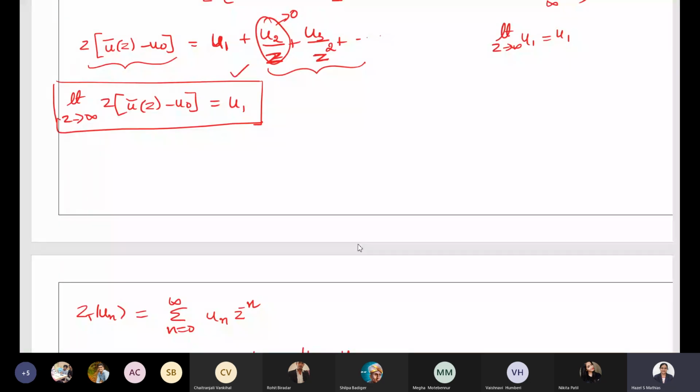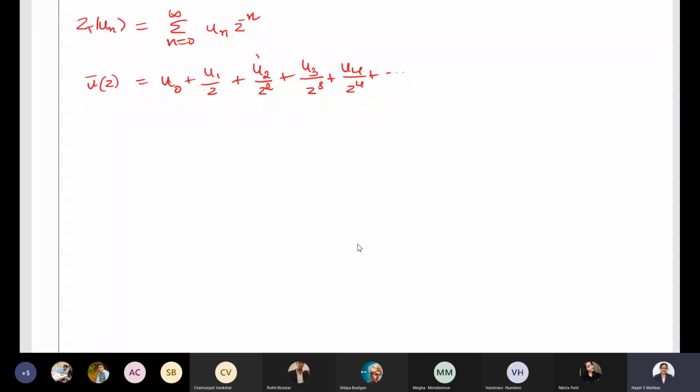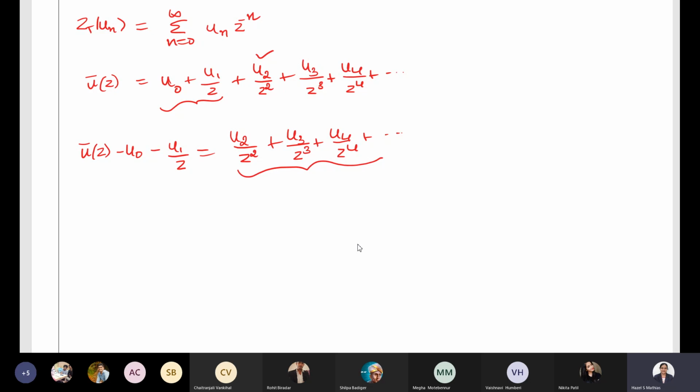Now we want u2. So if you want u2, what we do, take these two terms to the other side. So what do we get? u bar of z minus u naught minus u1 by z, that is equal to u2 by z square plus u3 by z cube plus u power 4 by z power 4, etc. Next, from this, take 1 by z square outside.